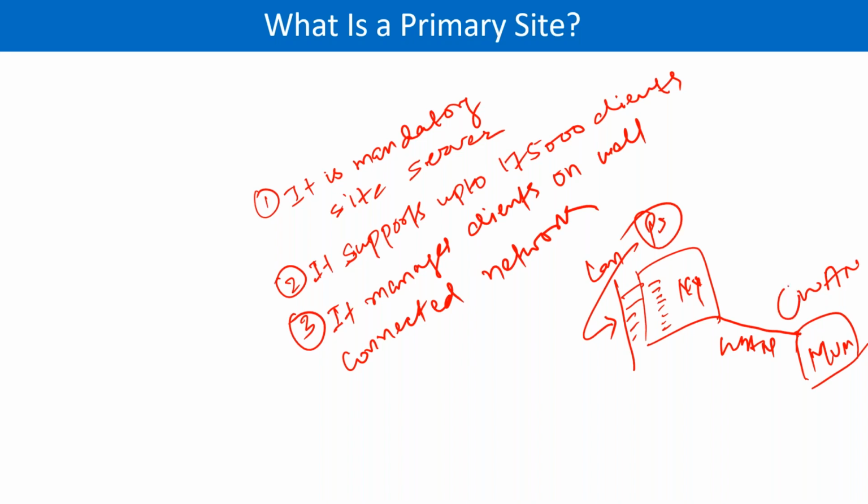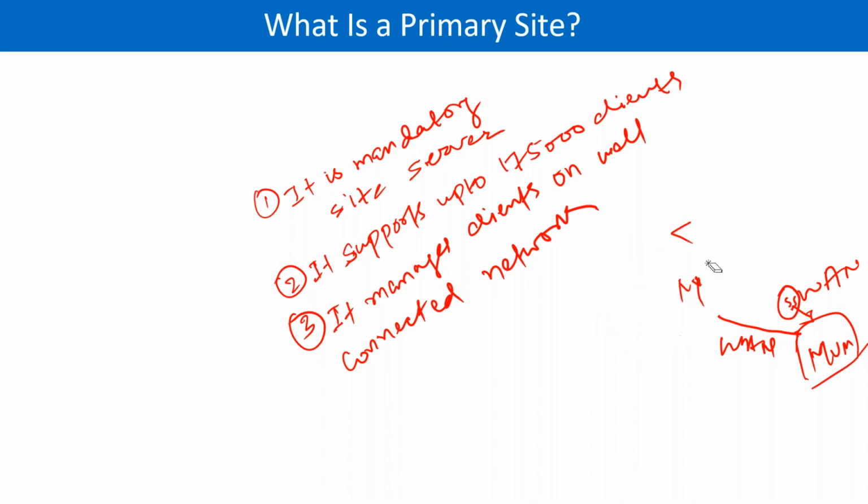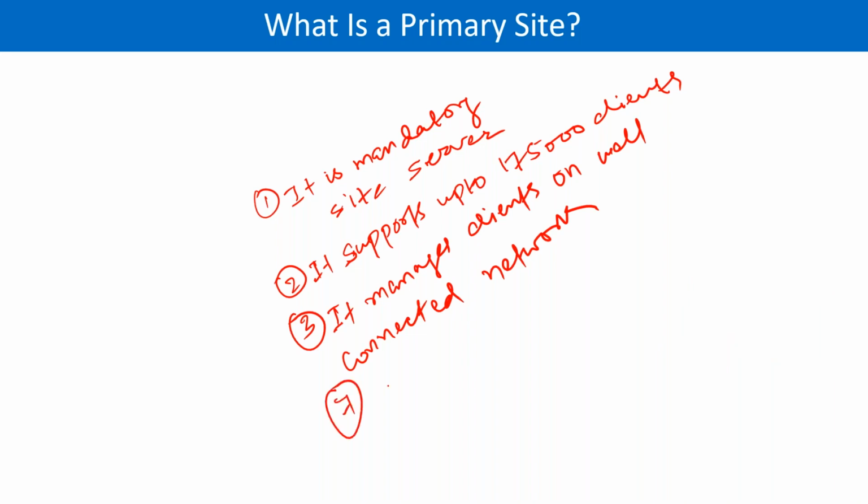So we need a secondary site server here for branch offices, and secondary will report to primary. So primary basically manages clients on a well-connected network. If you have devices at a remote location, we go with a secondary site. Clear?